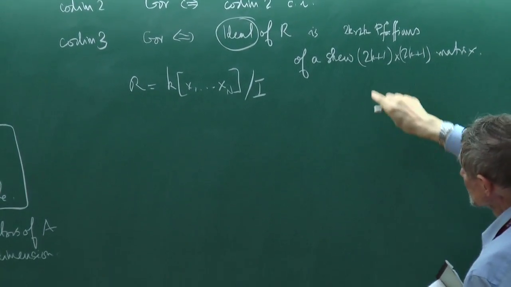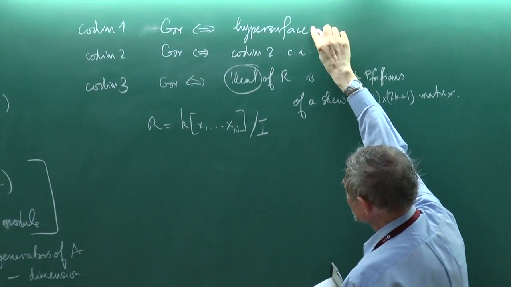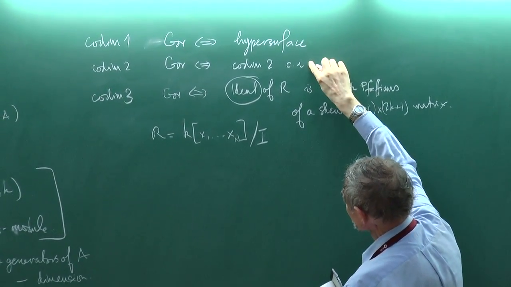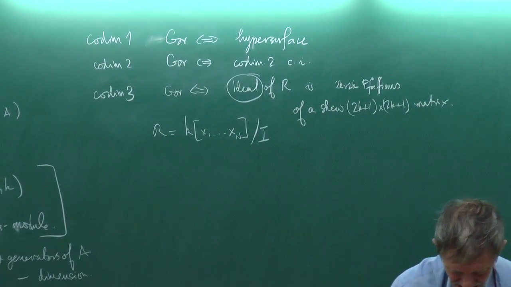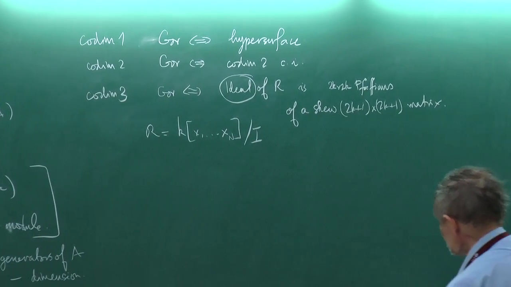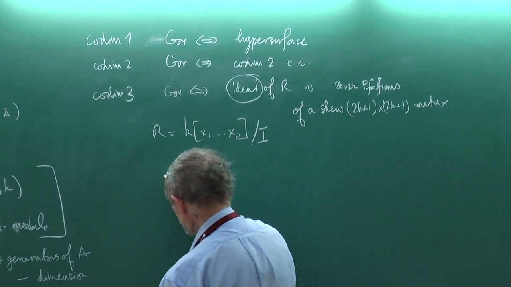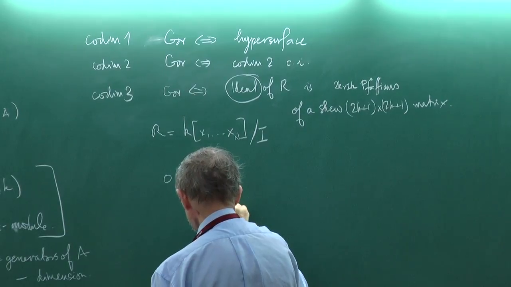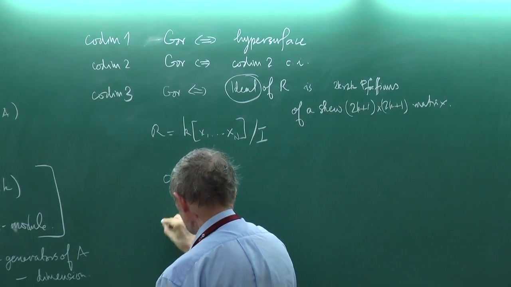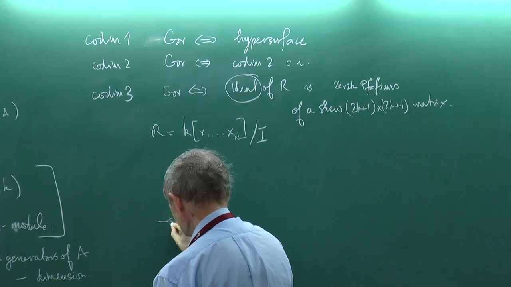You might have thought I have a hypersurface here and codimension 2 complete intersection, so the natural thing to continue might be codimension 3 complete intersection. That might be something like a skew-symmetric matrix with entries F3, minus F2, F1, 0, 0.